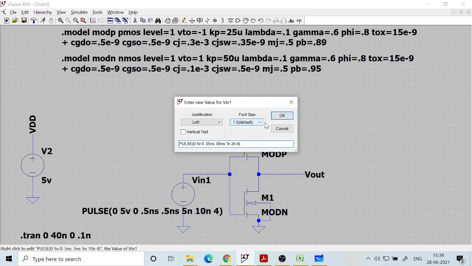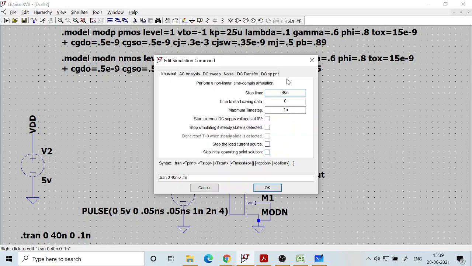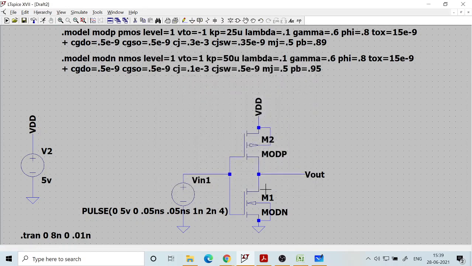This is the input pulse, and similarly, if the period is 2 nanosecond, 4 periods will be 8 nanosecond. Let's give the step size as 0.01. So this is just to magnify into the charging and discharging process.